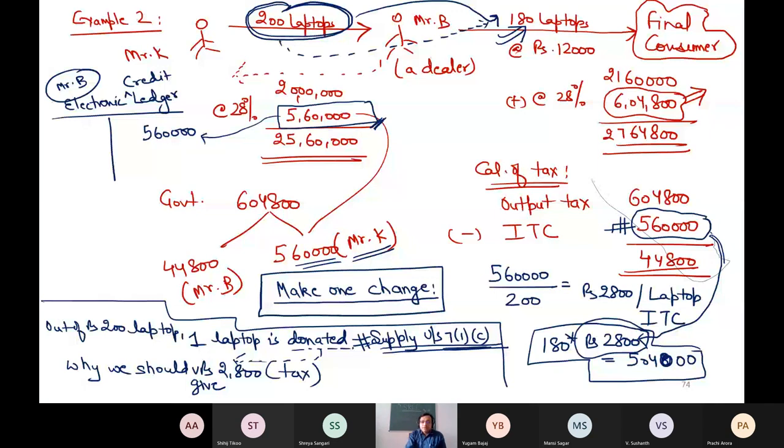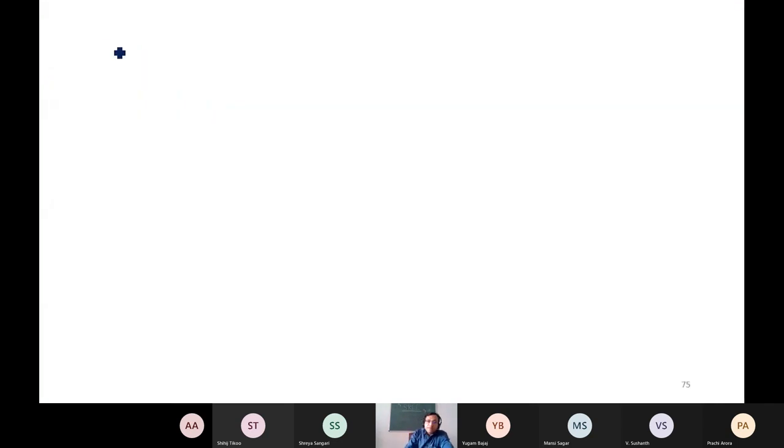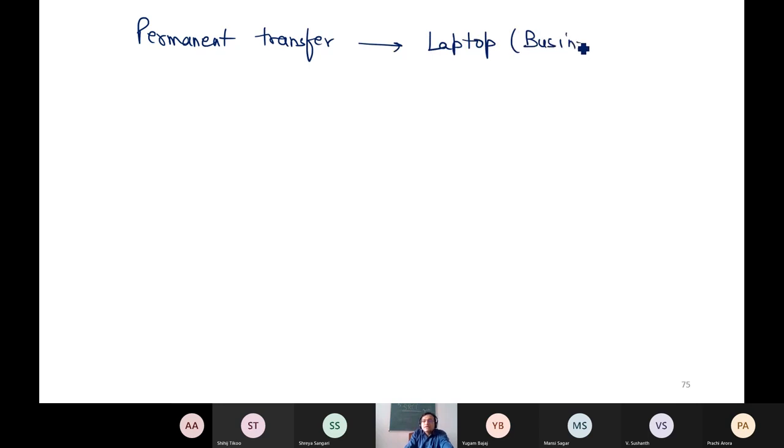So it's a supply. So technically what is this point? The point is when you are permanently disposing, when you are permanently transferring your business assets. Laptop was my business asset in my example. It was my business asset because I was a dealer. And on this laptop, another condition is I have availed ITC.